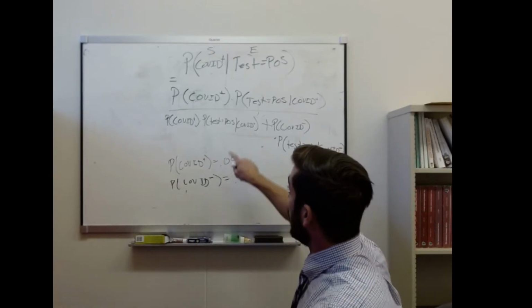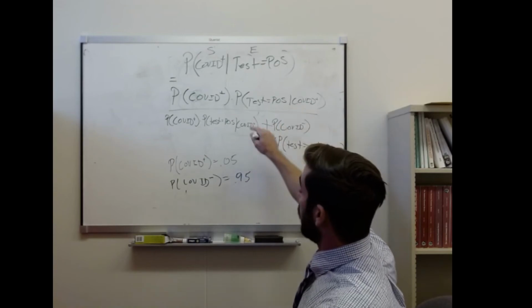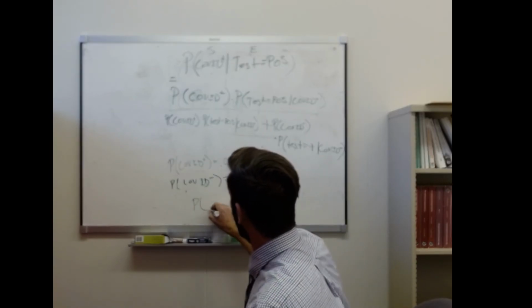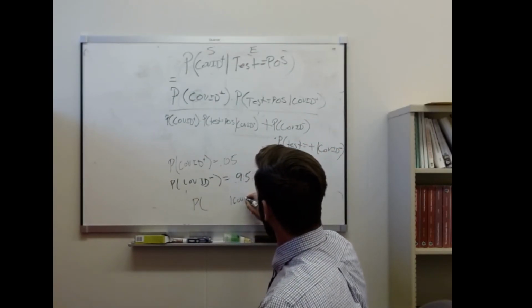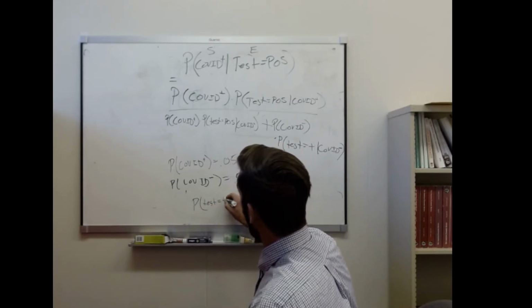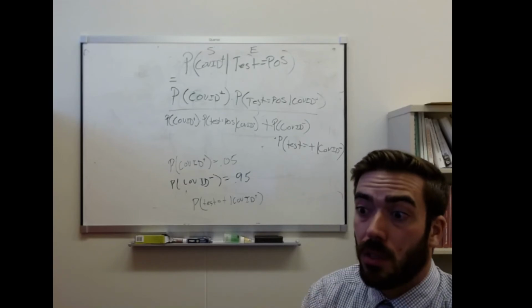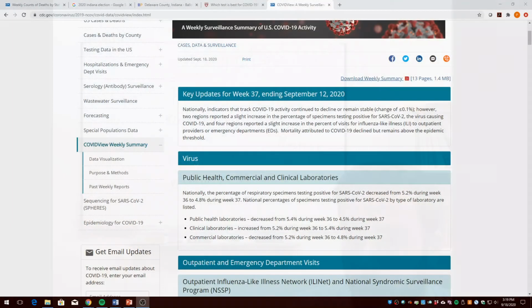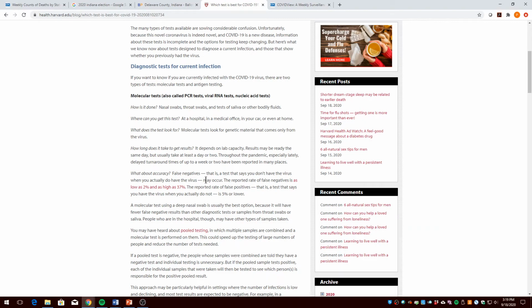Now the other thing I'm going to need is, given that they're COVID positive, what's the probability I see a positive test result, right? So if I go here and look at my other source, I'm thinking about people that have the disease who actually get a positive result.